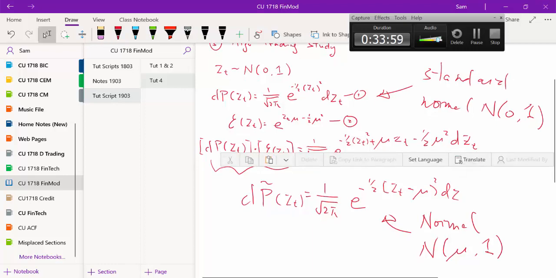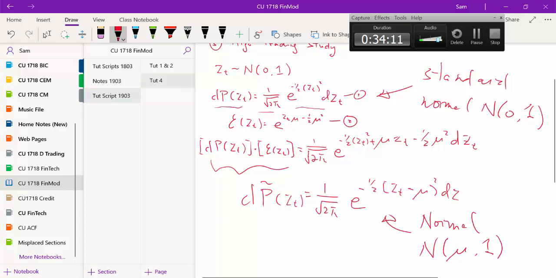So what I have done is work backwards by introducing a standard normal distribution here. There's nothing to be frightened of. This is the formula for the normal distribution. I multiplied it by a certain function, and you don't have to know why that is the function. Once I multiply it out, I get this equation number 3, and when you rearrange that, you get equation number 4, which is a normal distribution, but with mean mu.